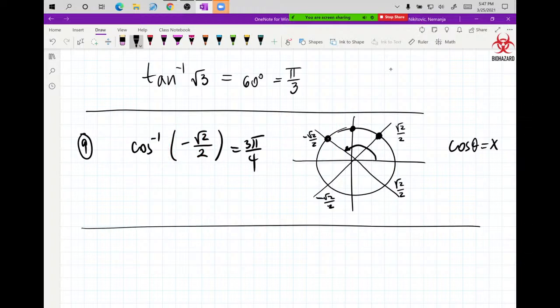So let's take a look at more of these types of problems, and then take a look at graphs, and then we're done with this inverse section. It's a really long section in the book, so I'm going to flip through pages. There we go.